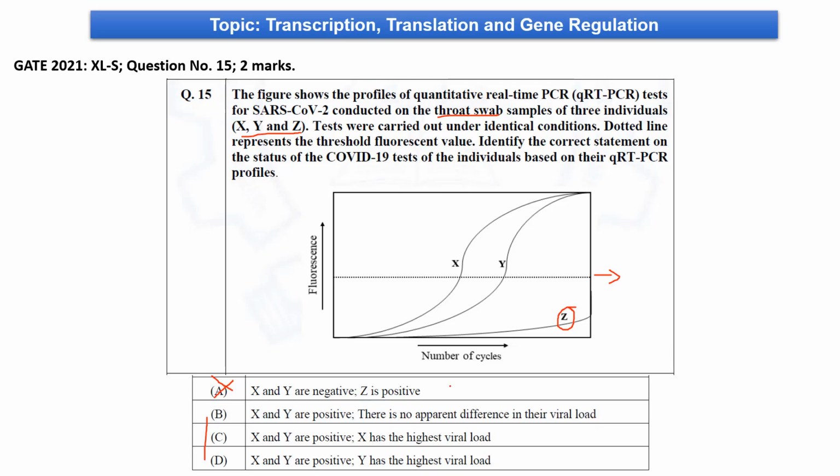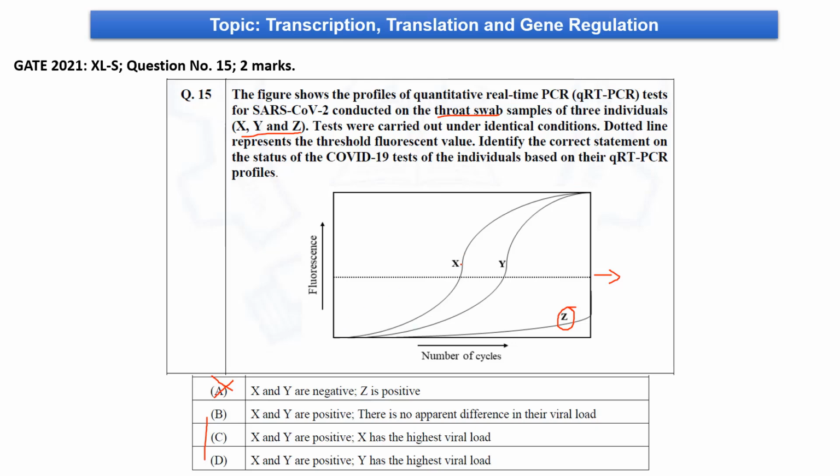Now we have to look at the viral load. So B says that there is no apparent difference in the viral load, but that is not the case. If there was no difference in the viral load, then both would have the same CT value.